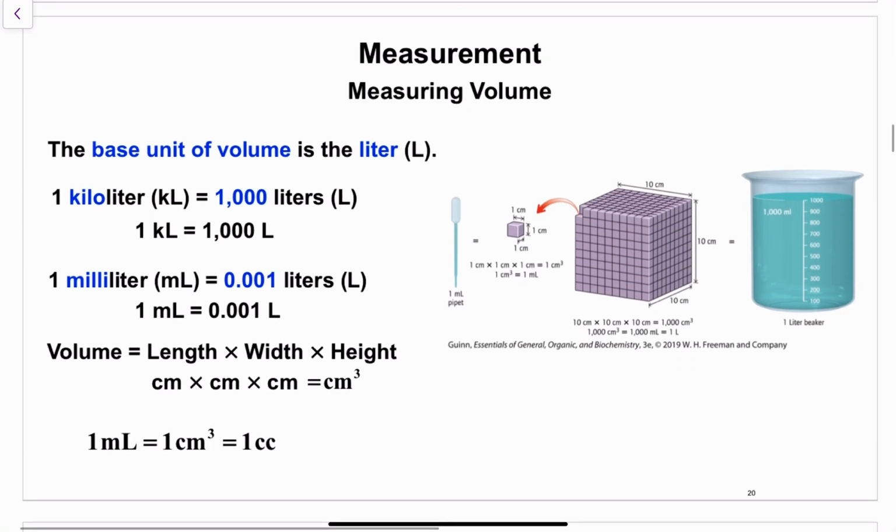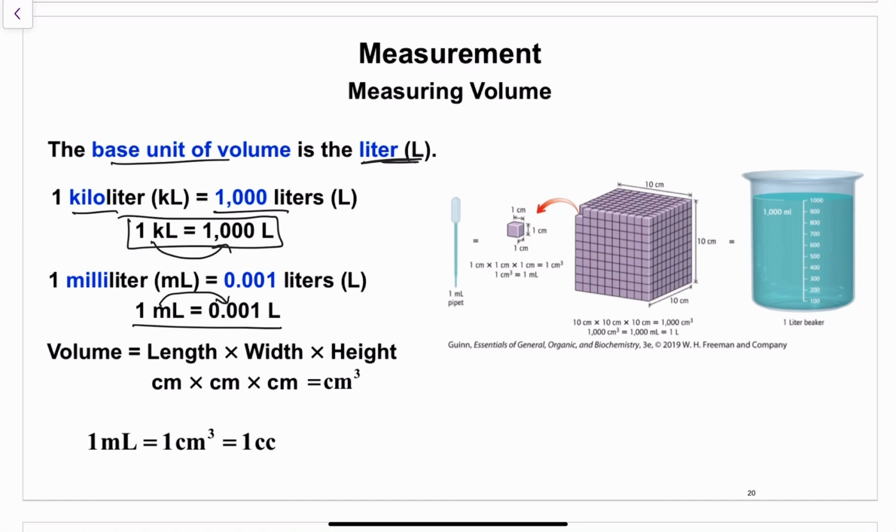Same for volume. The base unit for volume is liter. 1 kiloliter, 1,000. Same thing, k is your 1,000. Milliliter, m is 0.001, l is the base unit, right? So if we want to calculate the volume of any object, we can use a formula.